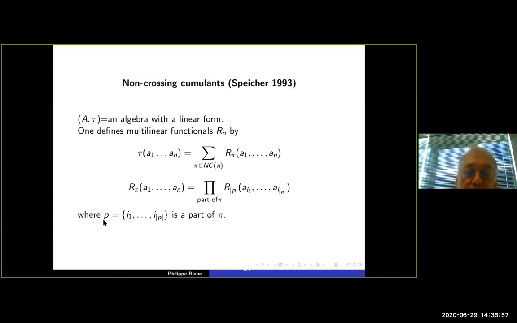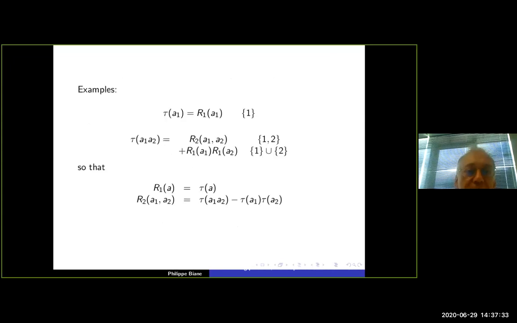For each part P of the partition pi, let me call it i_1, ..., i_p, I evaluate this multilinear functional R_p, where p is just the size of the part, on the elements a_{i_1}, ..., a_{i_p}. Okay, so this is a definition which is indirect. Let me see in an example what it gives. The first is R_1.